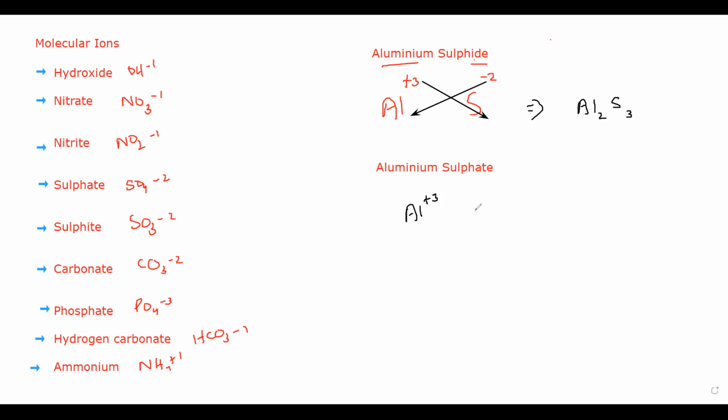So sulfate is SO4 with a charge minus 2. We simplify, it is already simplified, so we cross multiply. This 2 will come with aluminium and 3 will come with sulfate. So what will be the chemical formula for aluminium sulfate? Al2(SO4)3.